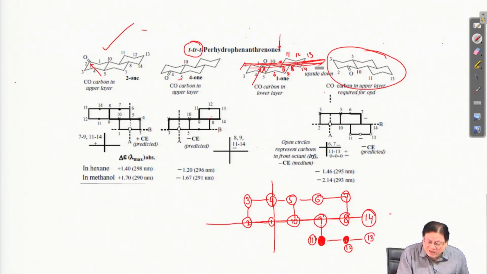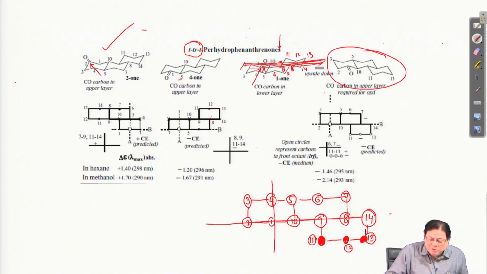So these three are residing in the front octant. As you can see from here also, if you dissect it with this plane, 11, 12, 13 are in the front octant. So this is the situation.